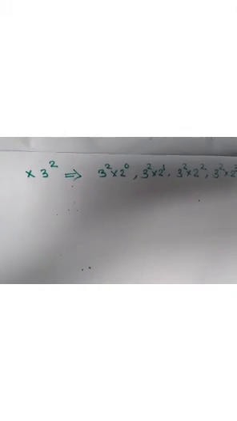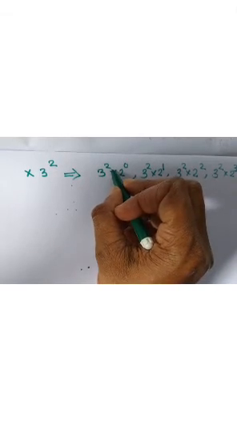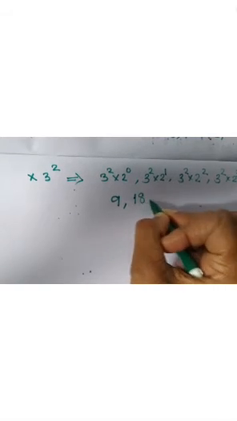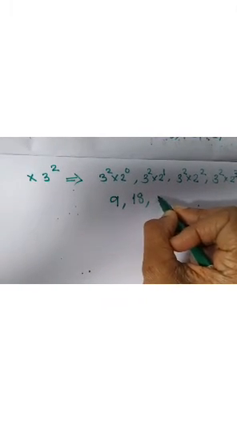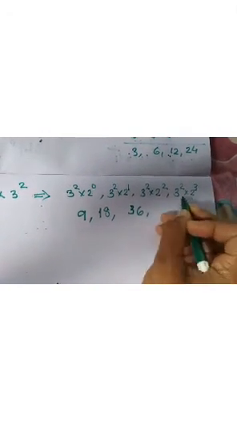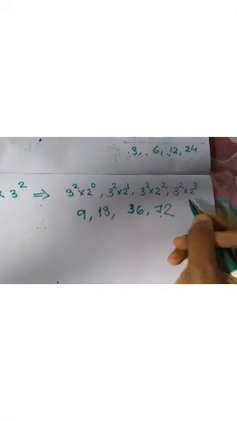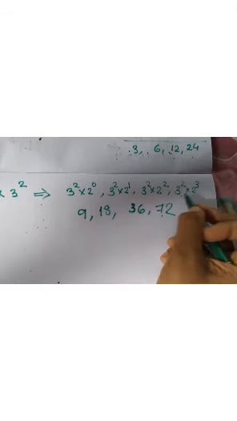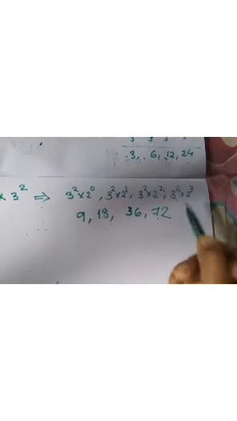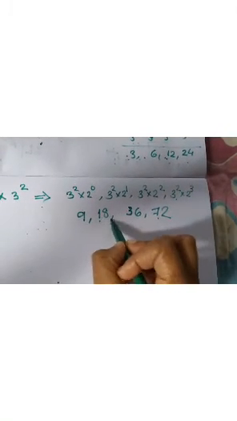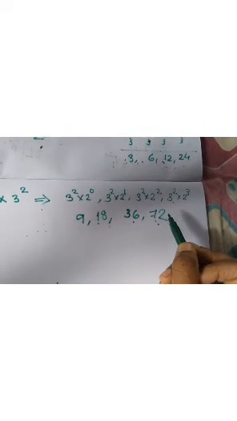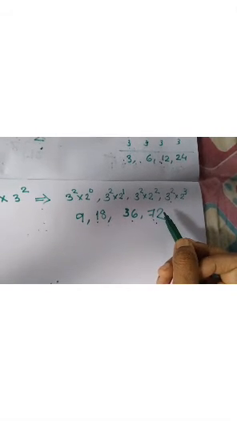The number 3 raised to 2 is 9. 9 times 1 is 9. 9 times 2 is 18. 9 times 4 is 36. And the last one, 9 times 8 is 72. Okay, we get another set of 4. So 3, 6, 12, 24, 9, 18, 36 and 72. These are the factors of 72.